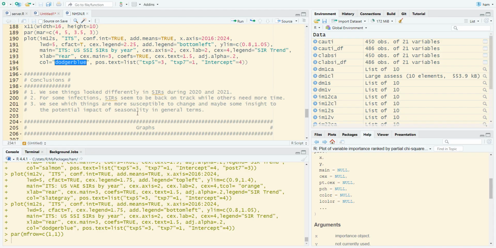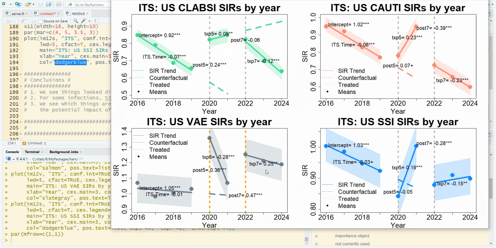Maybe some things might be impacted by winter months versus summer months. Maybe CAUTIs might bounce back and forth, but fall back into a predictable pattern once that effect of seasonality is gone. Maybe not. There might be some other differences we can spot there. But overall, we do see an impact with COVID.